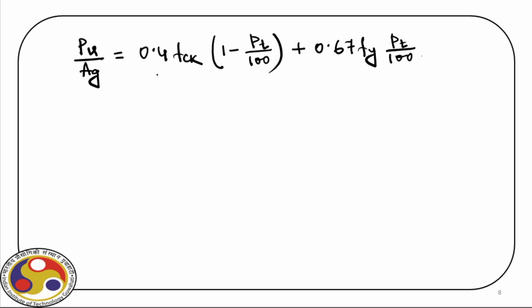So you can see for different values of fck and fy, and of course percentage steel, we can have design curves, right?